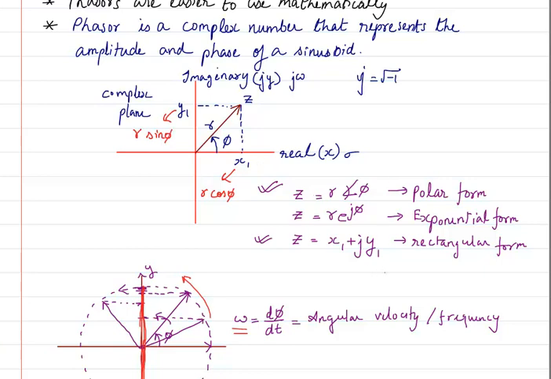Therefore, this rectangular form can also be written as z is equal to r cos phi plus j r sin phi, or we can take r common outside and write it as r times cos phi plus j sin phi.